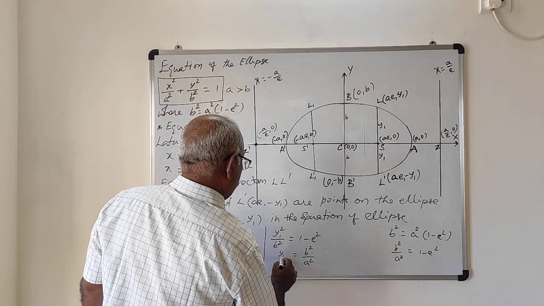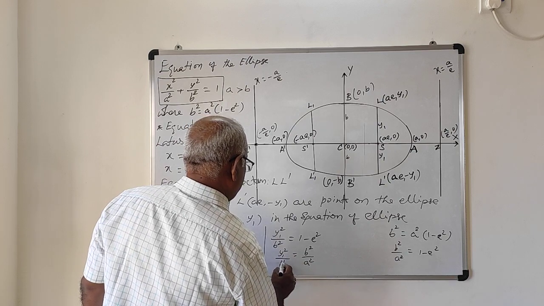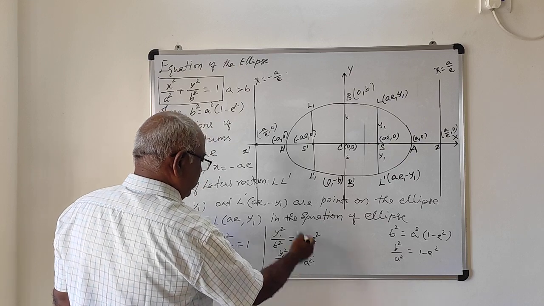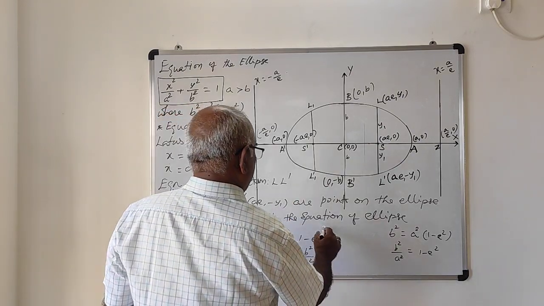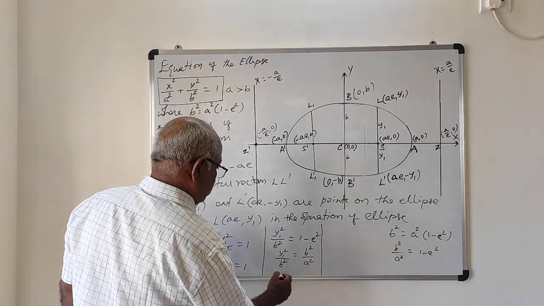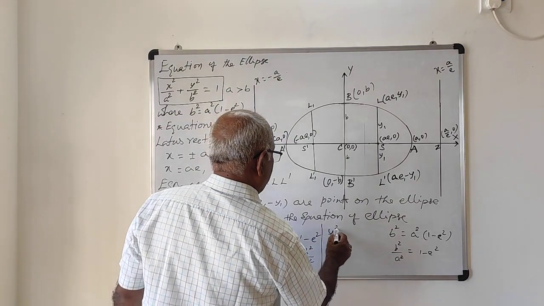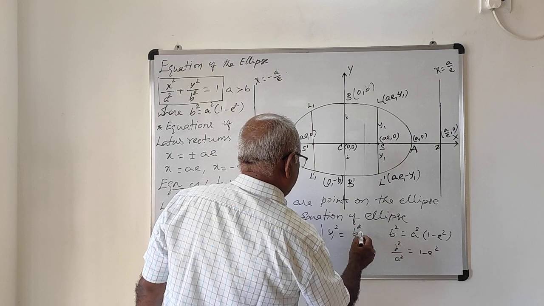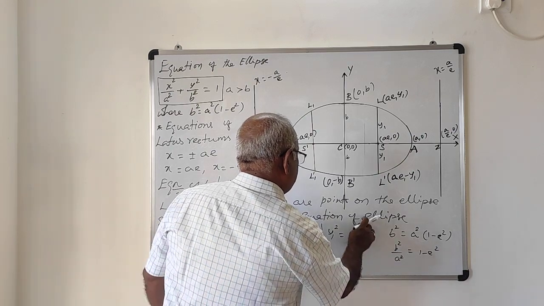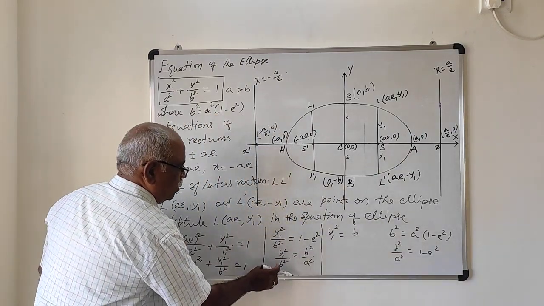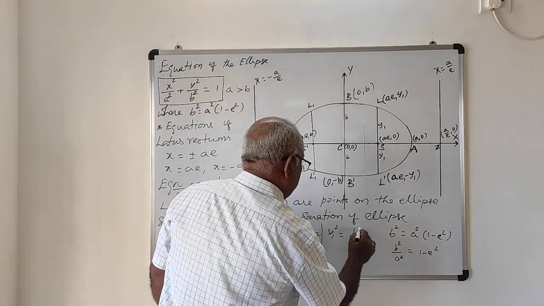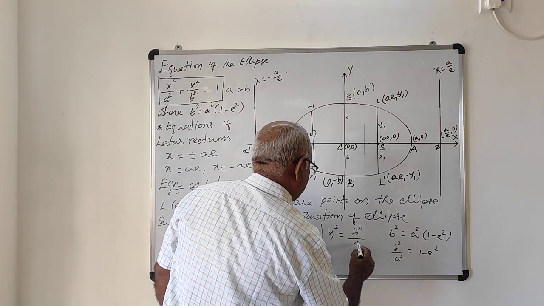Here you have y1 square by B square. On cross multiplication, you get y1 square equal to B power 4 by A square. Bringing B square to the numerator, you get B power 4 by A square.